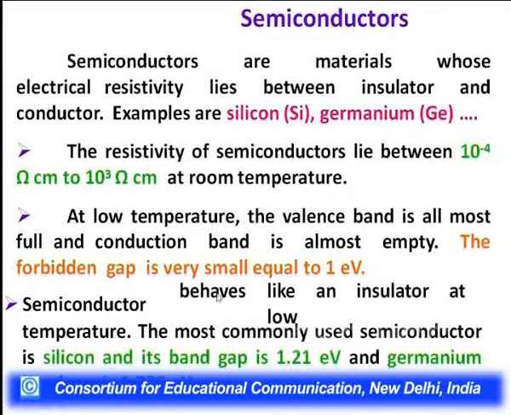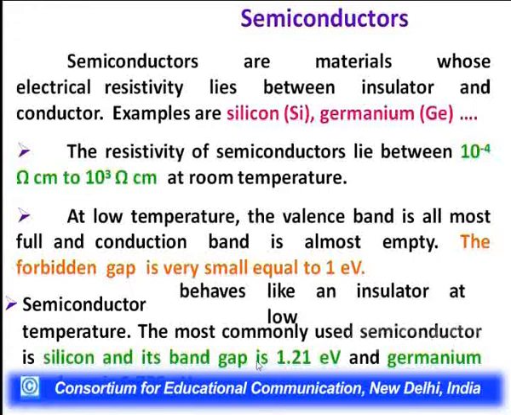It means here we define it for three temperatures. At room temperature, the resistivity of a semiconductor lies between 10 to the power minus 4 and 10 to the power 3 ohm centimeter, and at low temperature the conduction band is totally empty and the valence band is filled, and the energy band gap is very small, equal to 1 electron volt. At low temperatures, semiconductors behave like an insulator.